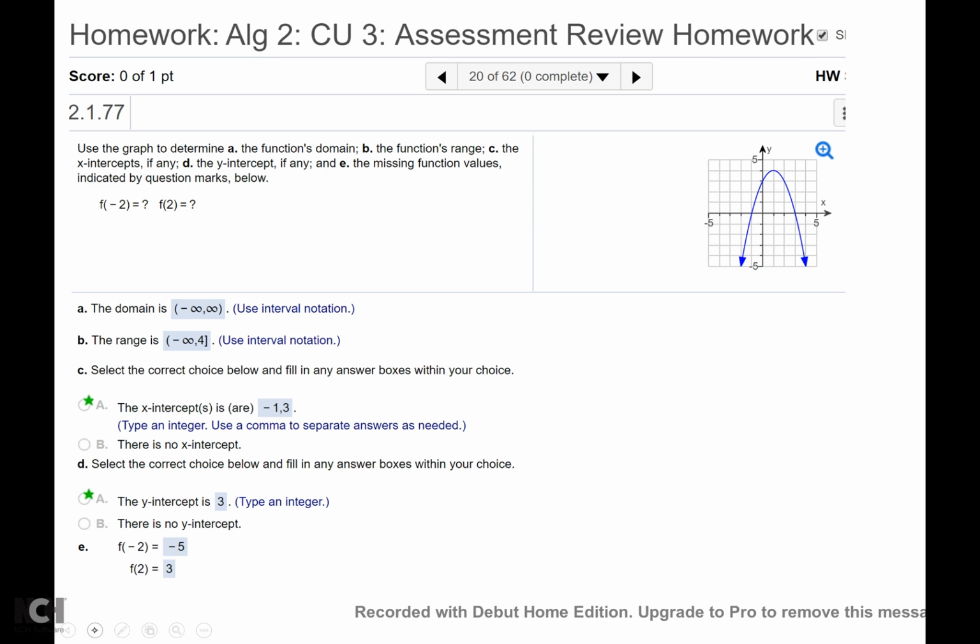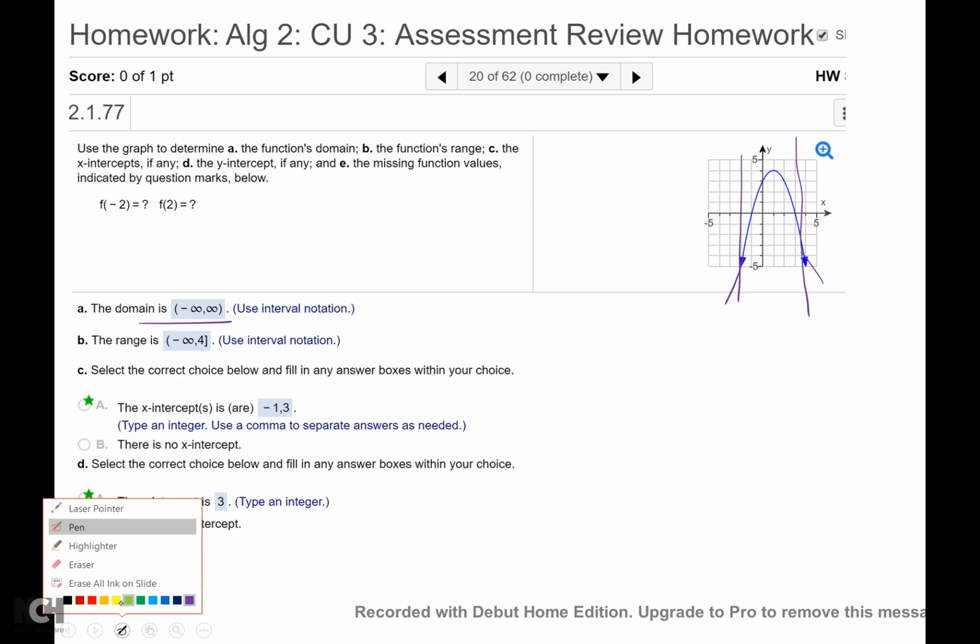Okay? Use the graph to determine A, the function's domain, B, the function's range, C, the x-intercepts, D, the y-intercept, and E, the missing function values, indicated by the question marks below. Alright, domain. If you try and block this right to left, it's going to break on through to the other sides, which means my domain is -infinity to infinity.